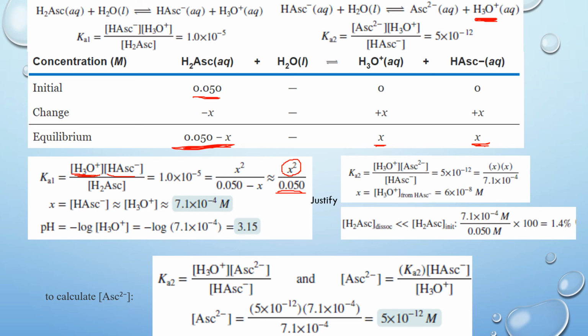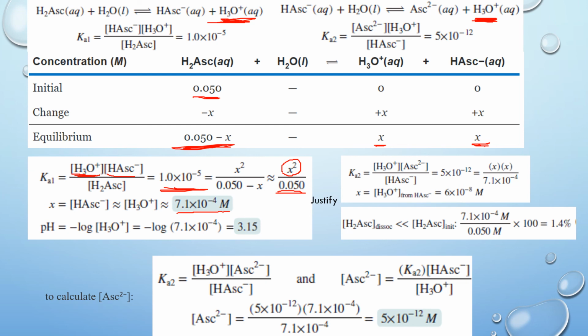Because the K value is given here, I can calculate x, which is equal to 7.1 times 10 to the negative 4. Now I can justify my assumptions using this number. First, let's justify my first assumption. My first assumption suggests that the proton generated from the second reaction is so small compared to the proton generated from the first reaction.